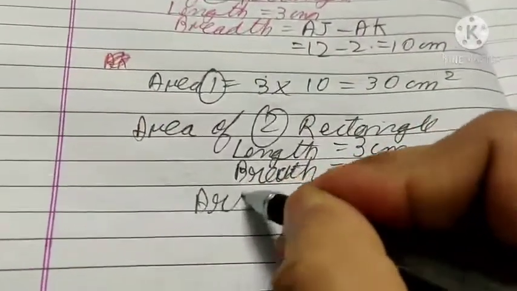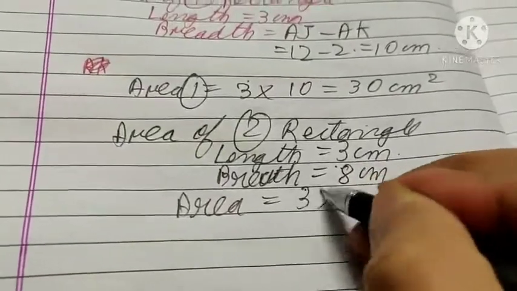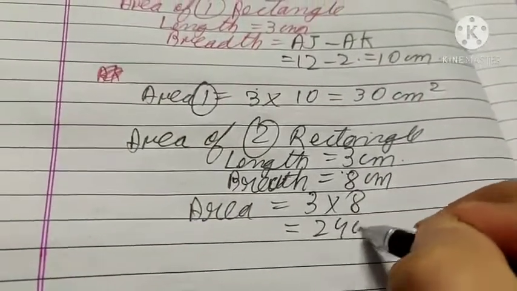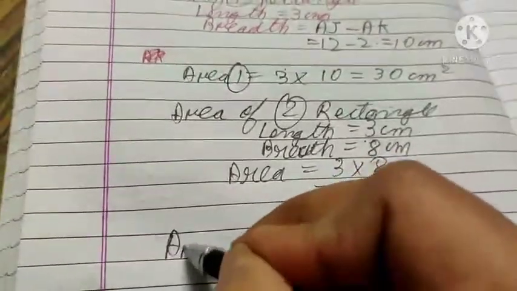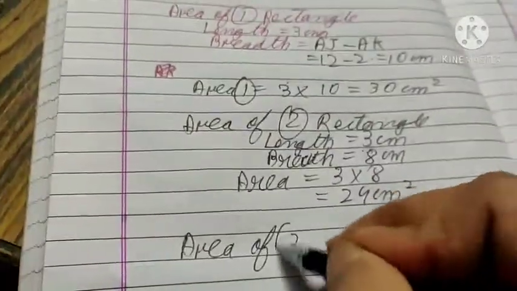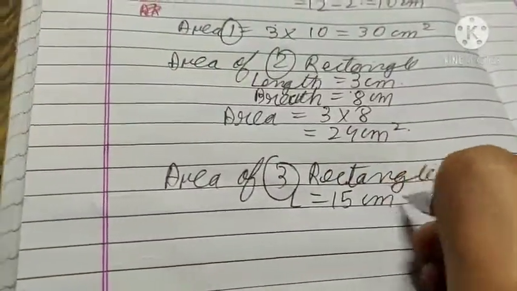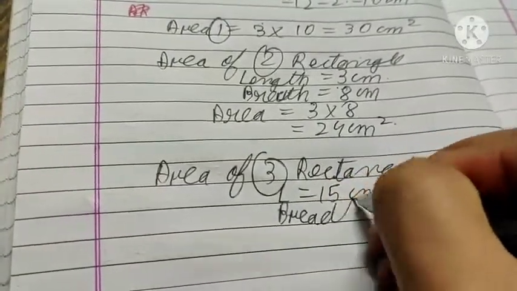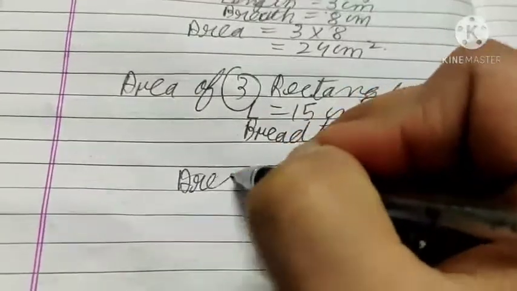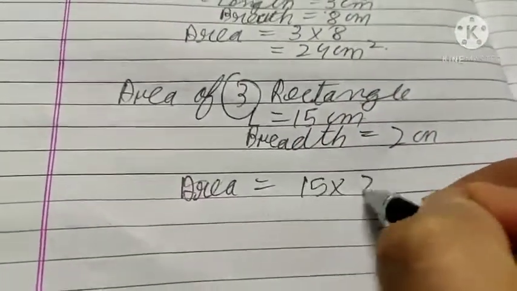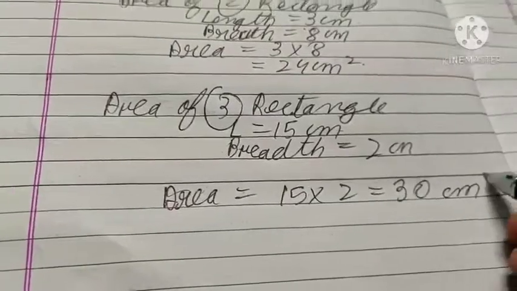So area here is 3 into 8, that is 24 centimeter square. Then area of 3, that is also a rectangle. Here the length is this complete, that is 15 centimeter. So breadth here is 2. So area here will be 15 into 2, that is 30 centimeter square.